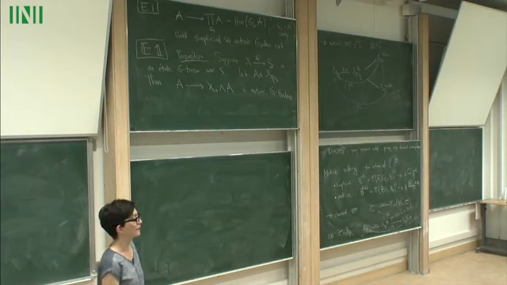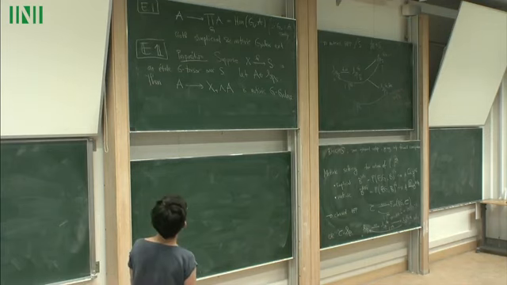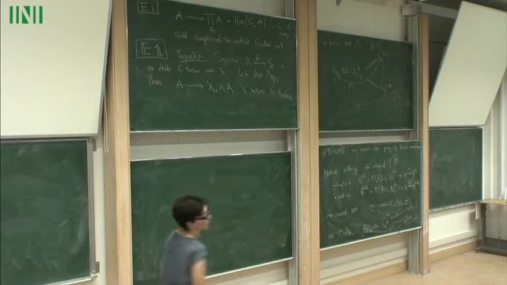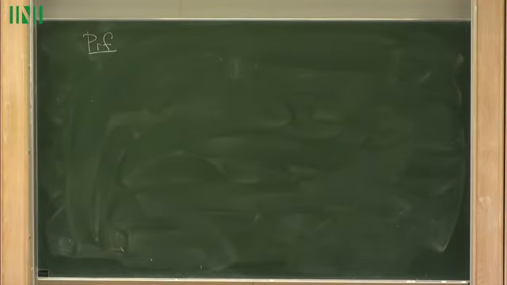Okay, and just looking at it this way, at least if I were to look at this for the first time, it's not clear to me what the algebra structure would be on that right-hand side. So maybe that's something I need to tell you first.